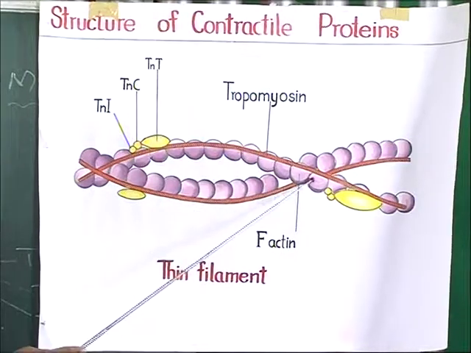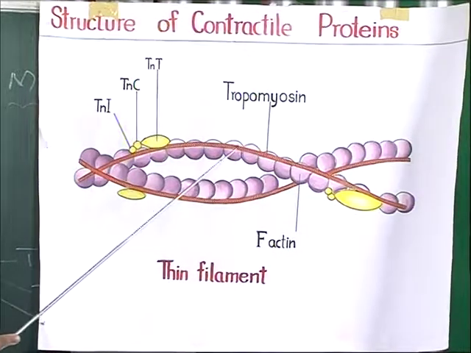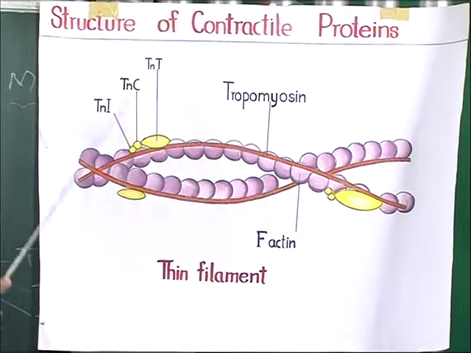This protein is called tropomyosin, which also comes close to the F actin and runs throughout its length. And a complex protein is present, that is called troponin, and it is made up of 3 polypeptides: TNT, TNC, and TNI.